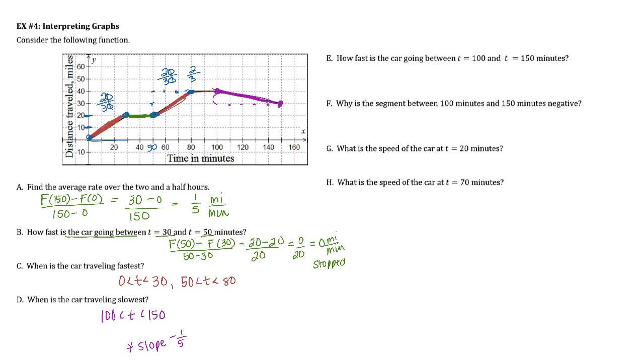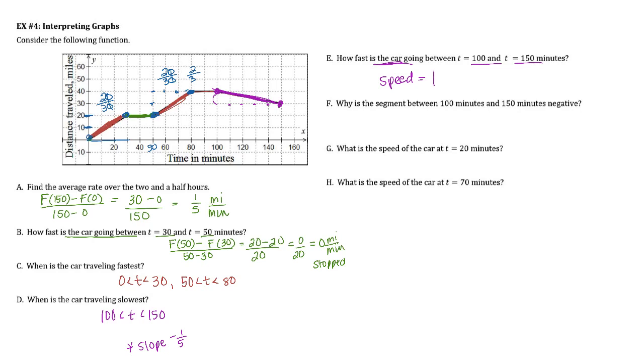Okay, let's look at our other set of questions. Oh, there it is. It's asking us, well, how fast is the car going? Well, that was our slope. So if we want to estimate that, we said it was negative 1/5. Now, we have to be careful because it's asking how fast. So with speed, that means that we do not want any negative there. Speed does not have a sign associated with it.